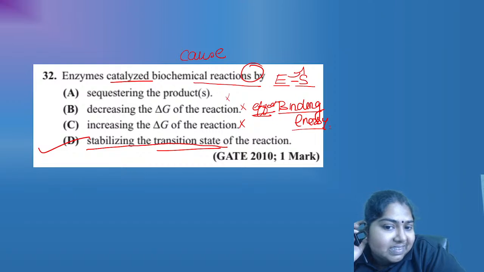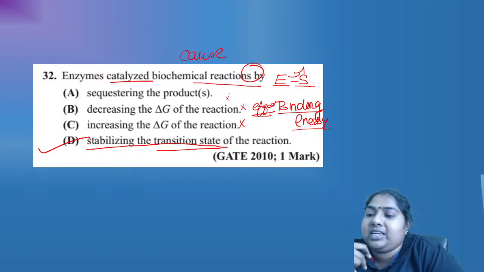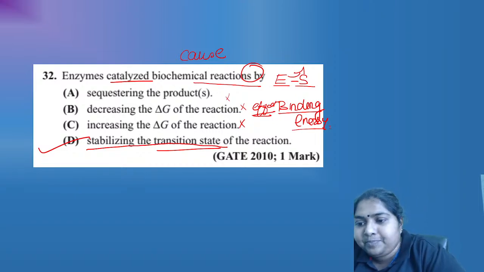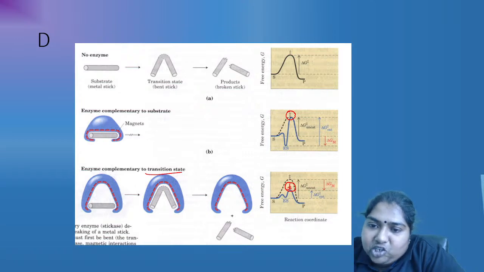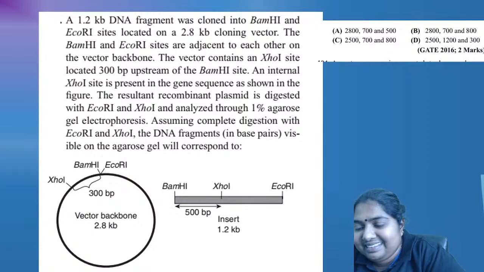So it is stabilizing the transition state of the reaction. No more doubts on this, I guess. So they have a binding energy at the transition state. At the transition state only it is decreasing. This is how your enzymes catalyze.